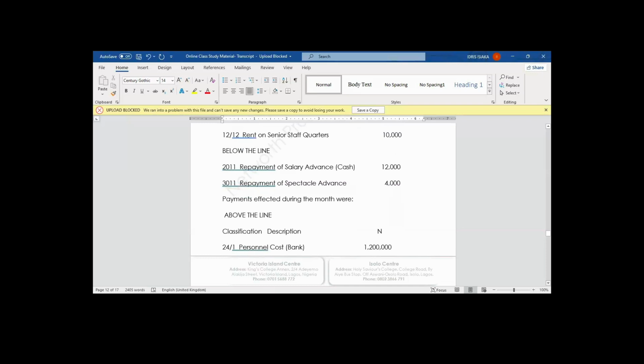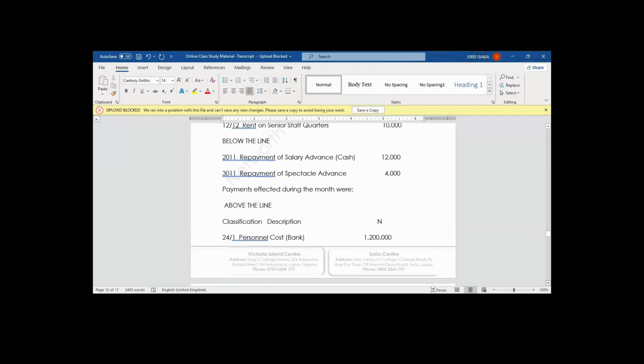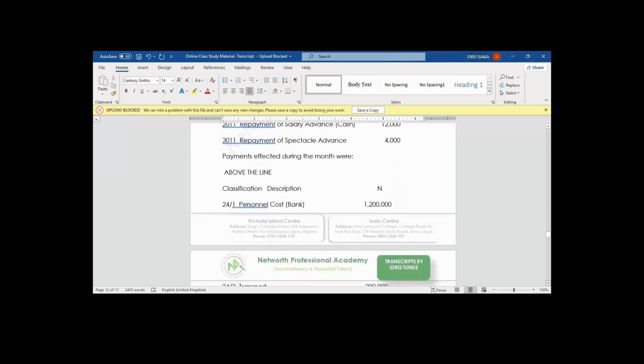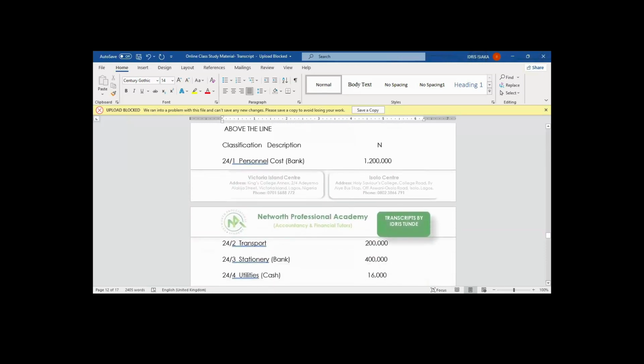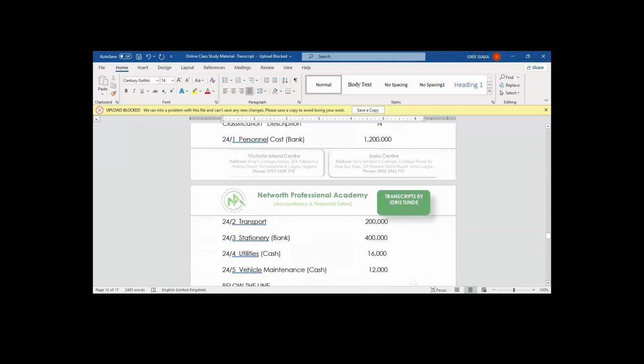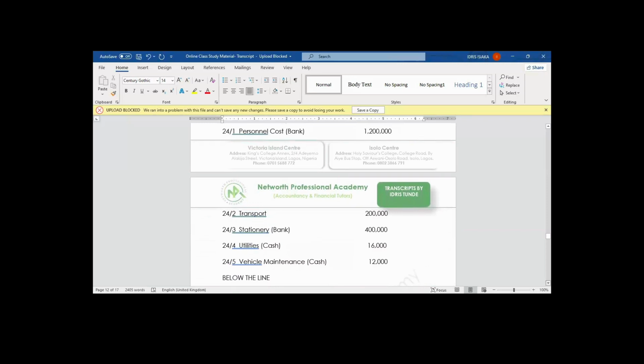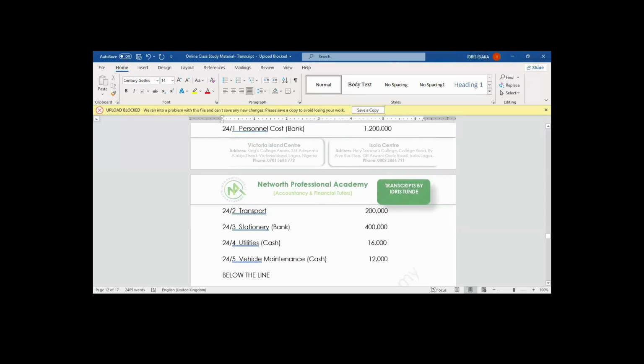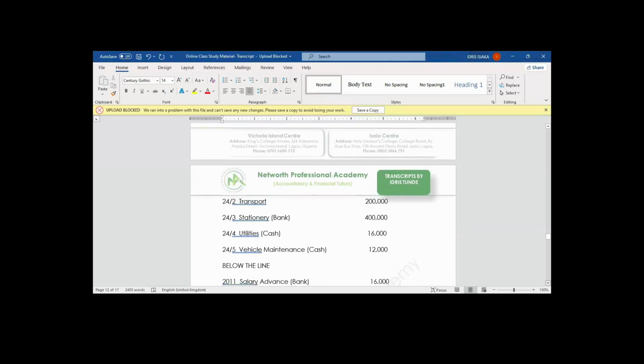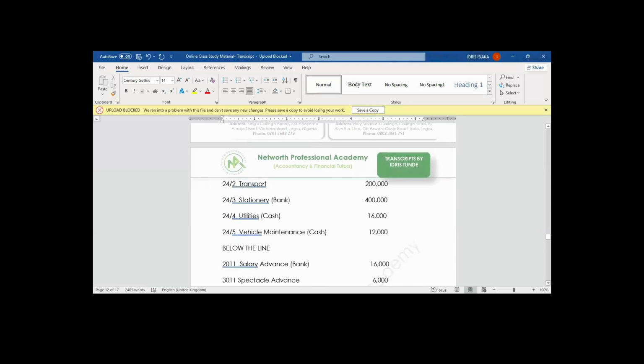Payments effected during the month, above the line. Classification, description: 24/1, personnel cost, bank 1.2 million naira. 24/2, transport 200,000 naira. 24/3, stationery, bank 400,000 naira. 24/4, utilities, cash 16,000 naira. 24/5, vehicle maintenance, cash 12,000 naira.